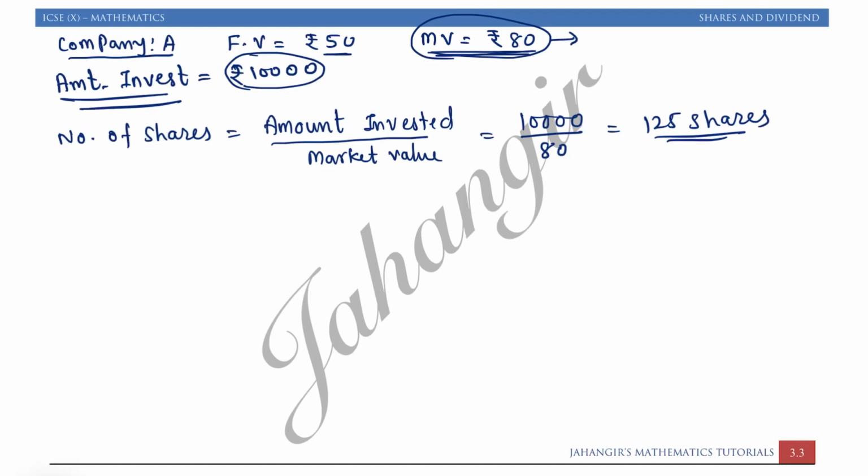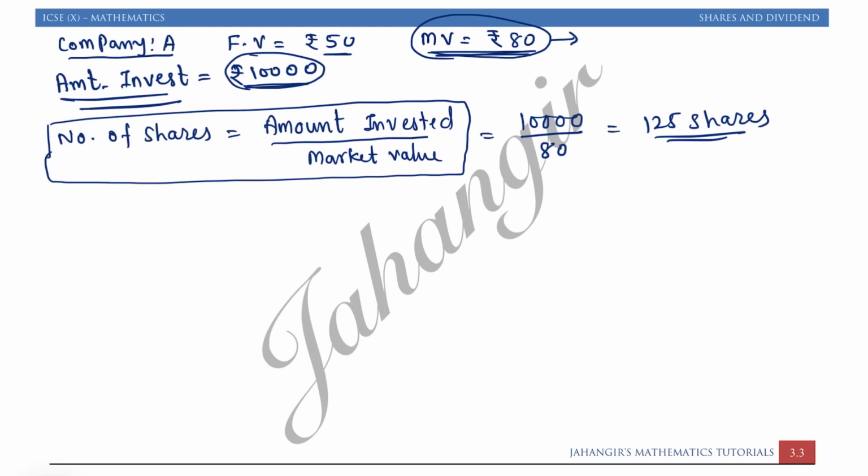If you want to invest rupees 10,000 in that company, how many shares can you buy? So we can say number of shares is equal to amount invested upon market value of one share. This is the first formula which we can use.